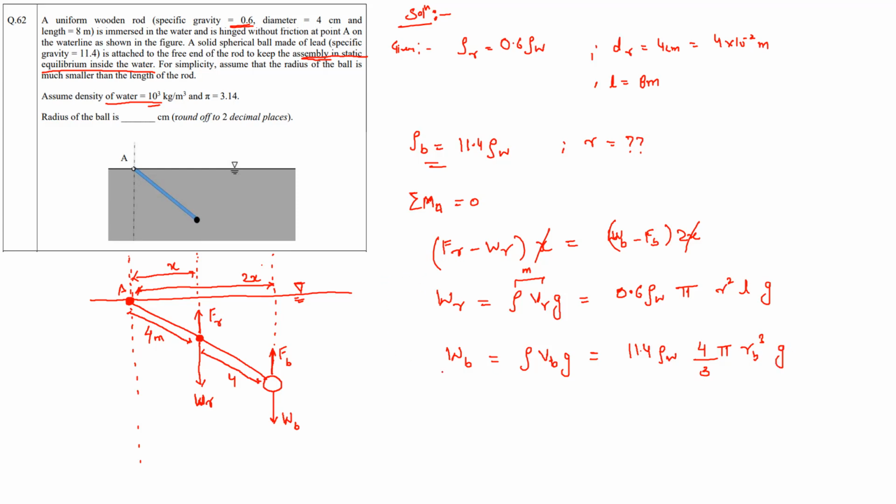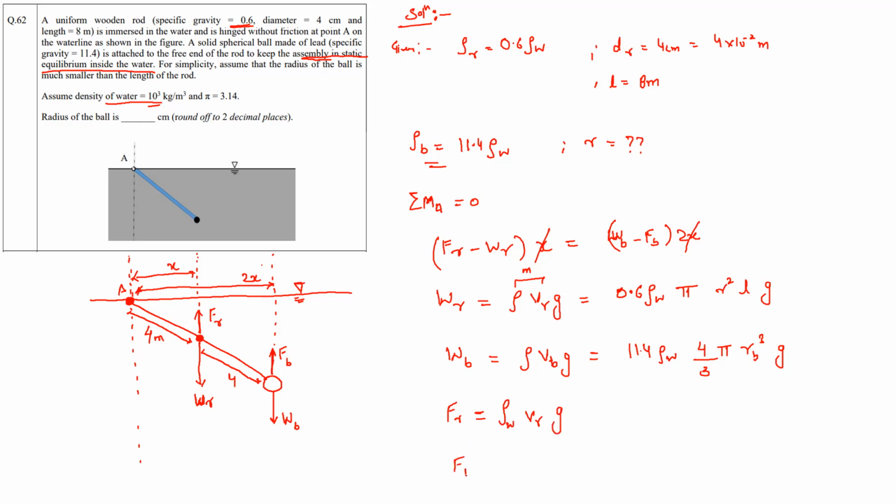Now these two are slightly different. Here let's see what kind of buoyancy force acts on the rod. That will be applied on the rod by the fluid, so we will have the density of the fluid, which is the density of water, times the volume displaced by this rod, which will be equivalent to the volume of the rod itself, times g.